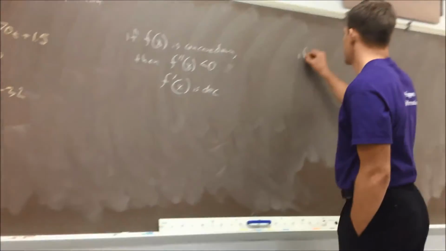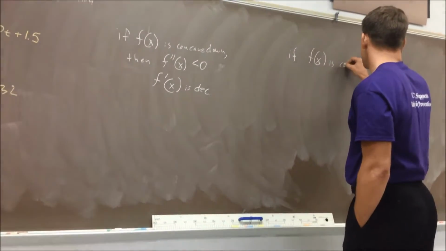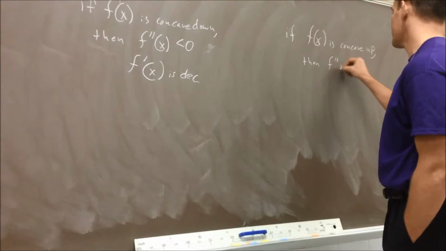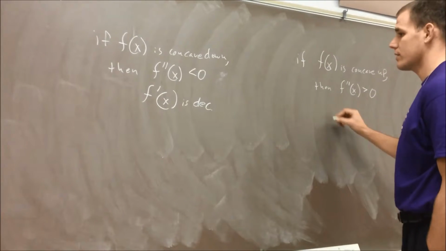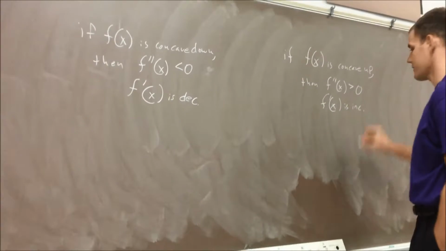Extending that a little bit, if f of x is concave up, then f double prime of x is greater than 0, and f prime of x is increasing.